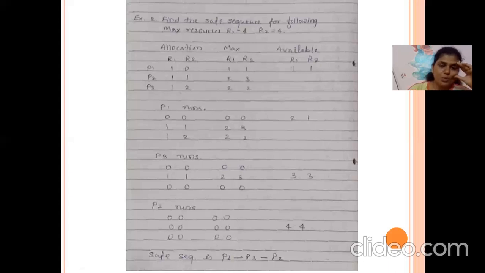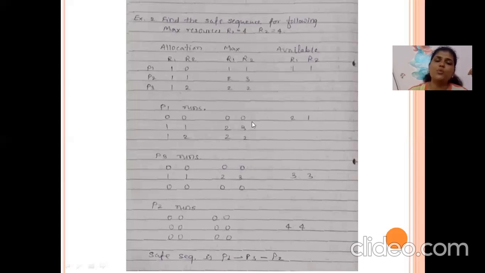Need of P2 is maximum minus allocation. That is 2 3 minus 1 1, which means 1 2. So it needs 1 resource of R1 type, and R1 has 2 resources in the available matrix, and 2 resources of R2 type.